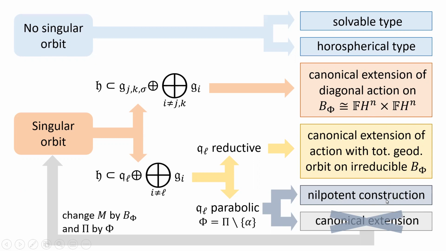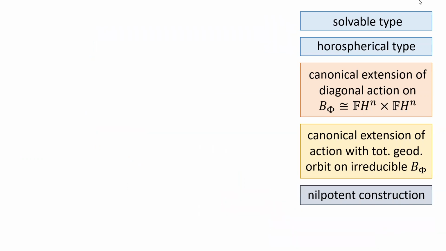And in this case, canonical extension of a nilpotent construction. But one of the technical lemmas of our work is to show that a canonical extension of a nilpotent construction is indeed a nilpotent construction. So here we can simply say nilpotent construction. So forgetting about canonical extension, these were the 5 possibilities in our main theorem.